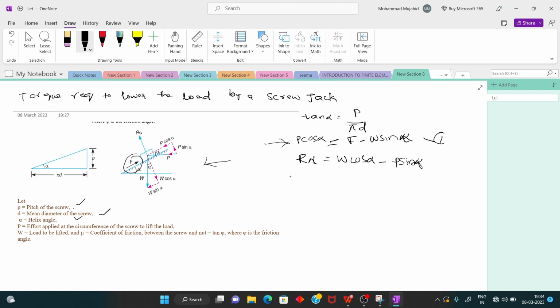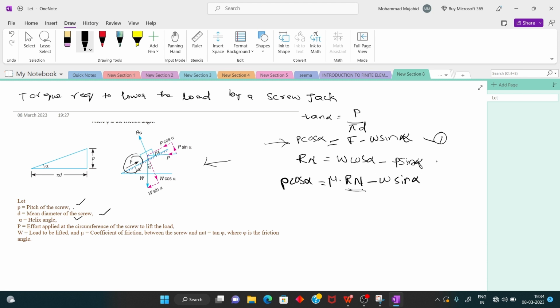From this, you can write P cos alpha equal to F minus W sin alpha, where F is mu into Rn. You substitute equation 2 in place of Rn.